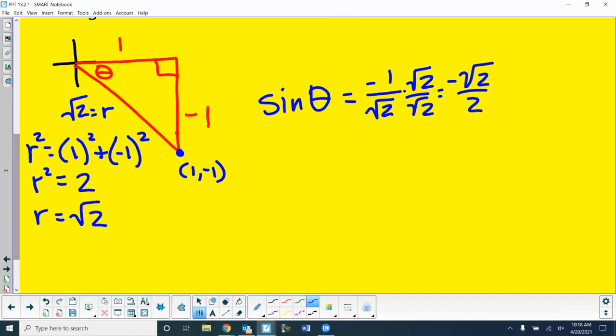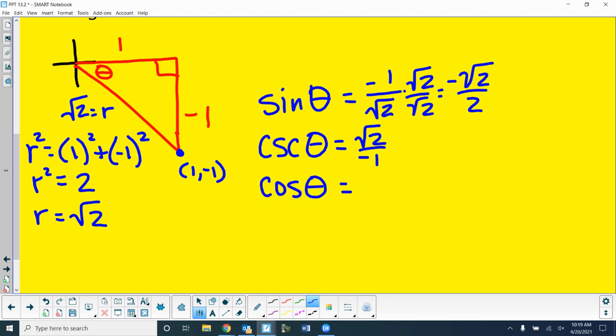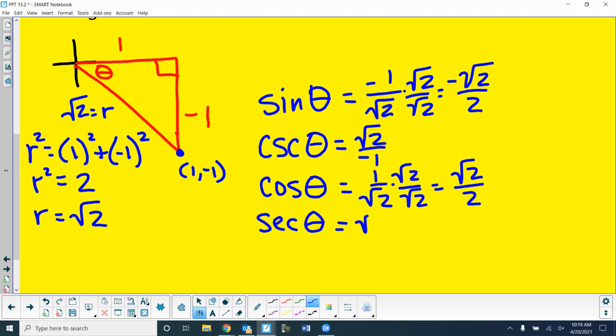Since I have to find all 6, I do reciprocals right away. So the cosecant is the reciprocal of sine. I just use this original fraction, radical 2 over -1. You can also write it as negative radical 2. Then I do cosine, which is adjacent 1 over hypotenuse radical 2, and then rationalize it, so that's radical 2 over 2. Its reciprocal is secant, so that'd be radical 2 over 1.